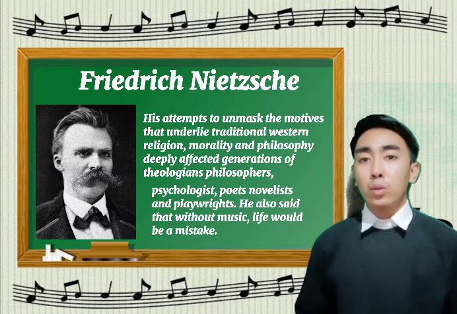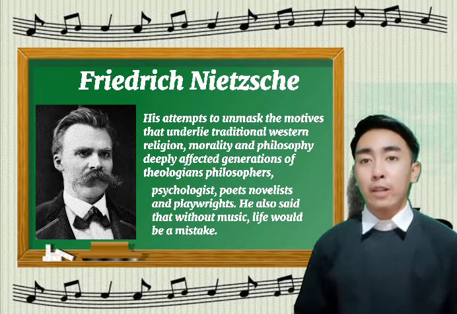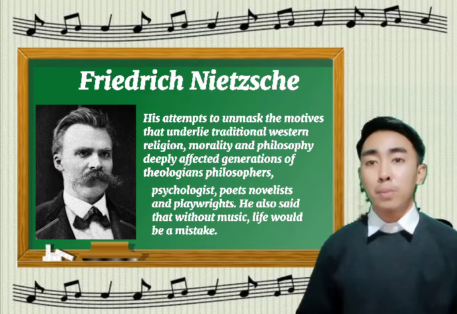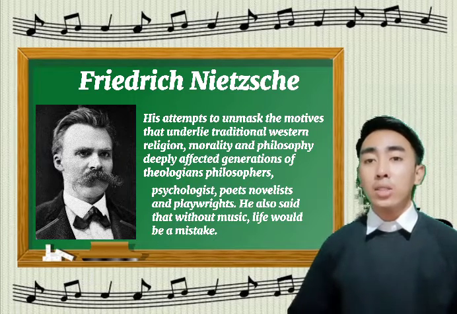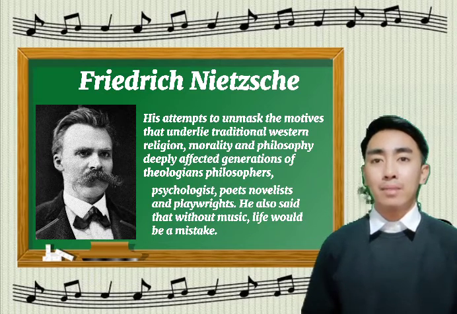His attempts to unmask the motives that underlie traditional Western religion, morality, and philosophy deeply affected generations of theologians, philosophers, psychologists, poets, novelists, and playwrights. He also said that without music, life would be a mistake.